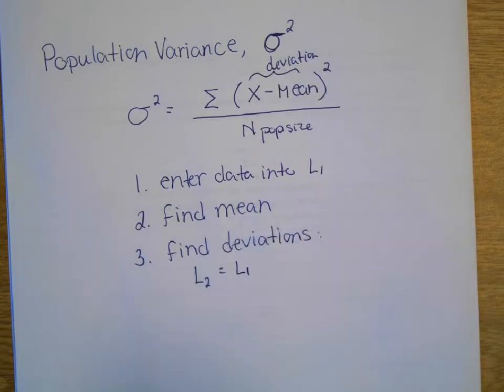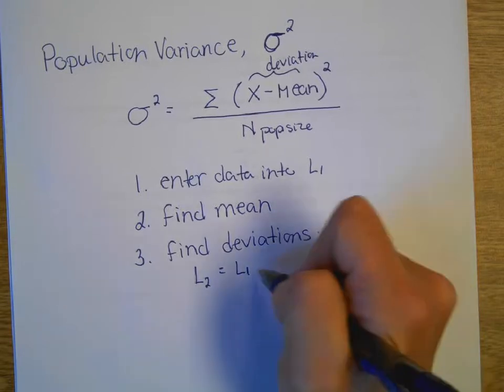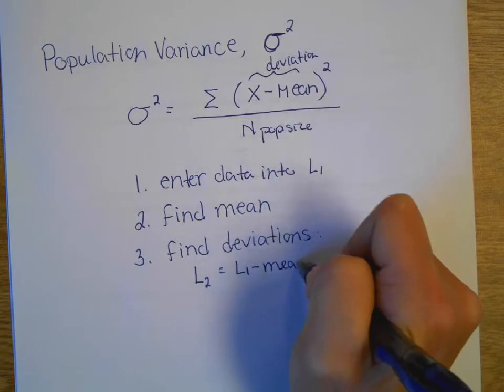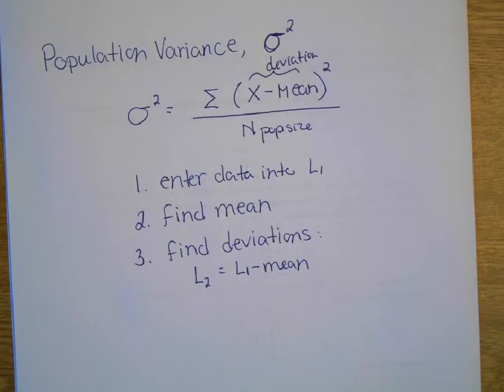So I'm going to say, take list 1, L1, and then subtract, what am I subtracting? 41.5. And when I hit enter, it will do those 10 subtractions like that. So L1 minus whatever mean value you found in step 2. So now I've got all of the deviations.